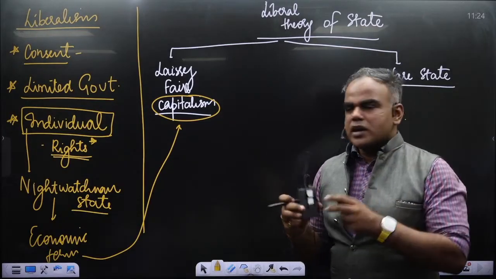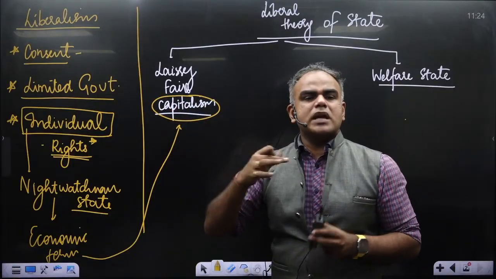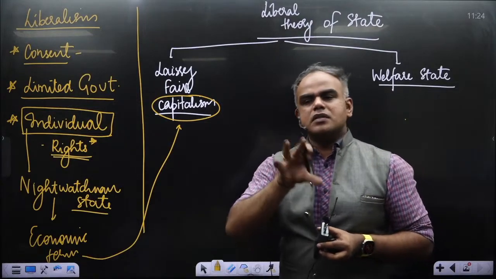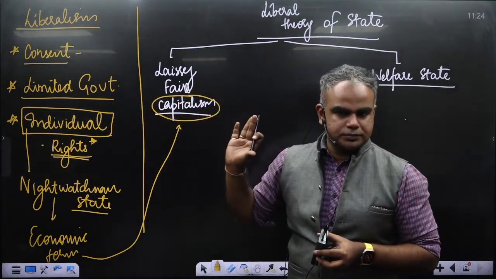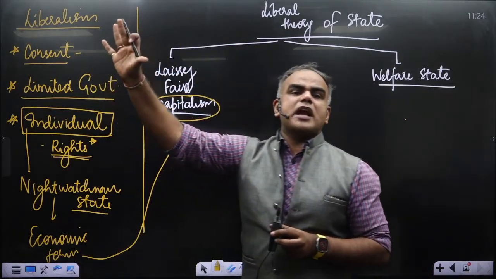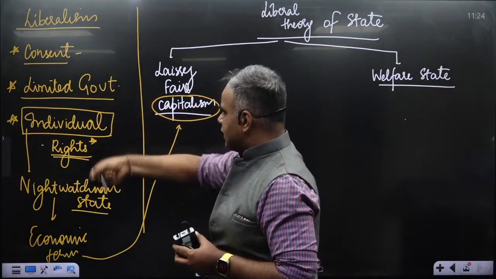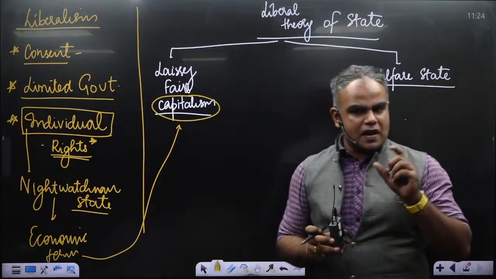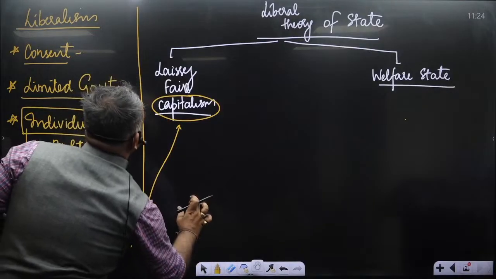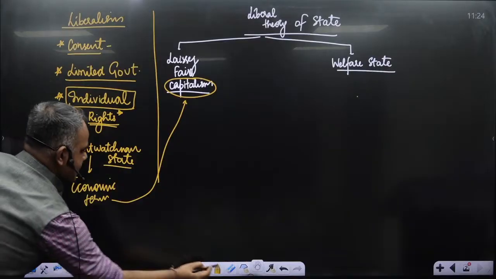So in the economic sphere, you don't want any intervention of the state, which is why Adam Smith speaks about the invisible hand, and how markets should regulate themselves. They should not be regulated by the government. I hope we are clear till here. Before liberalism, try to see what was there. When we just spoke about Locke being the father of liberalism, Locke is also known as one of the very important propounders of natural rights.